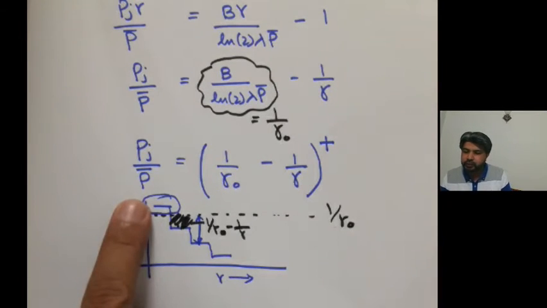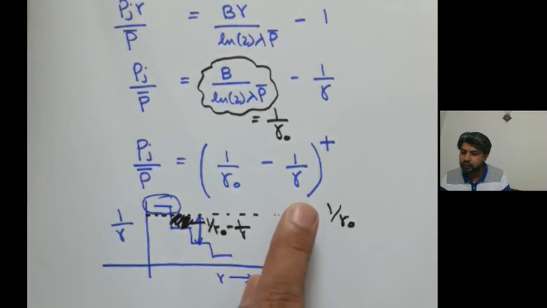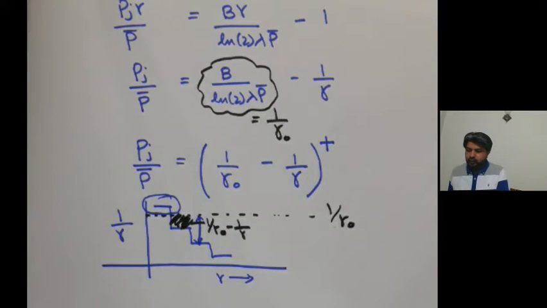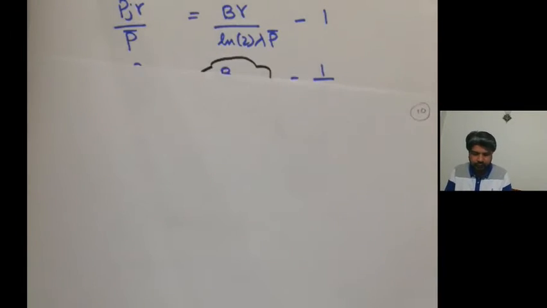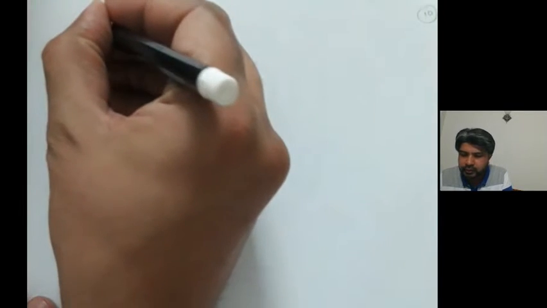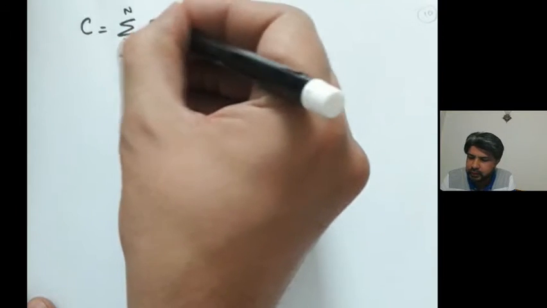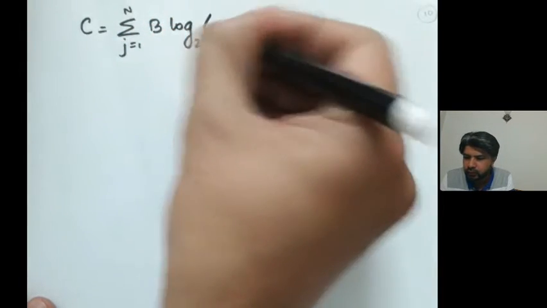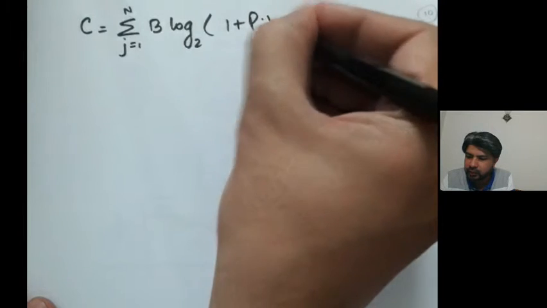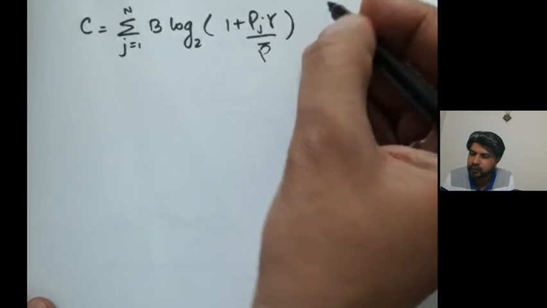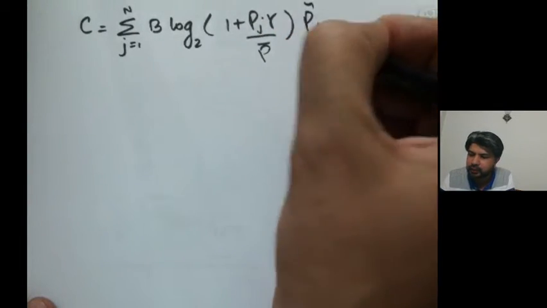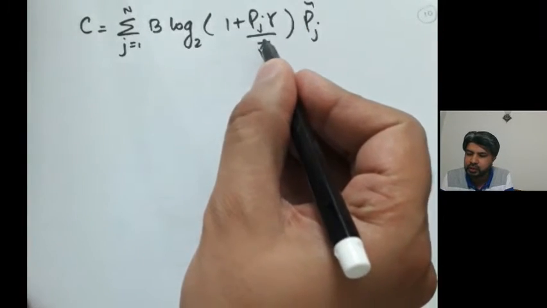Remember, Pj over P bar is 1 over gamma naught minus 1 over gamma plus. So if we put this back into our equation for the capacity, remember C is the summation j equals 1 to capital N of B log base 2 of 1 plus Pj gamma over P bar times Pj tilde. Now we know what Pj over P bar is.